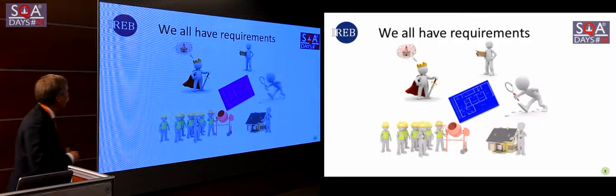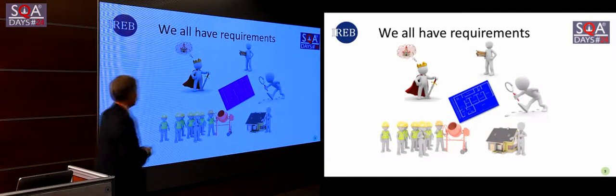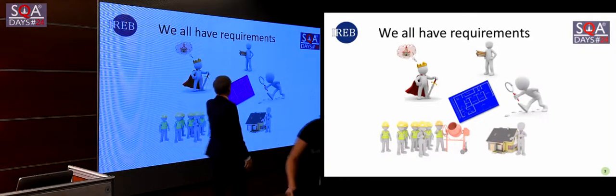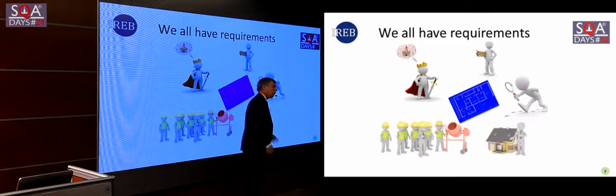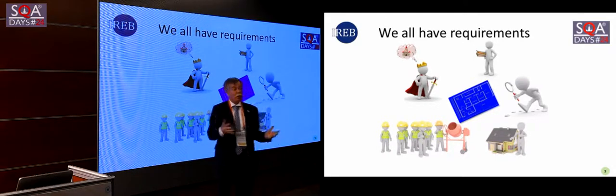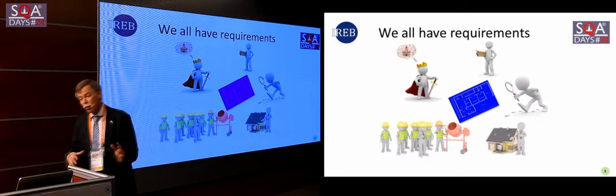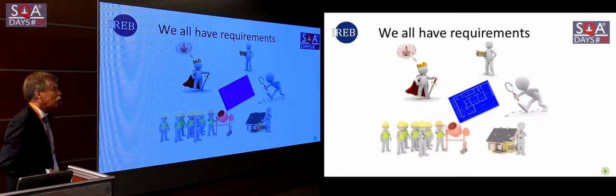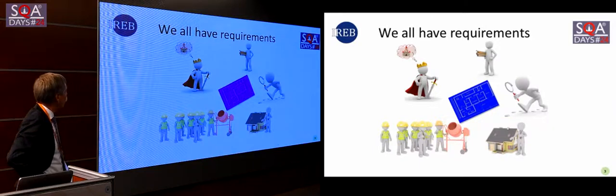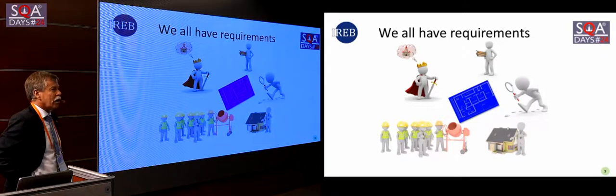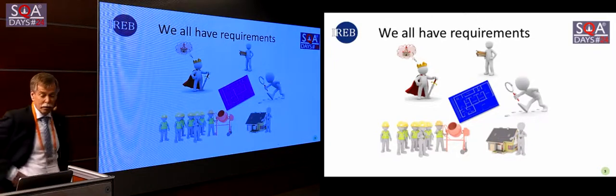In between, we have this tester who is trying to compare whatever were the requirements with the product that's being built. If it agrees, we say test passed. If we don't agree, we say there should be some changes to the product. Anyway, requirements are important for all parties in an IT development enterprise.